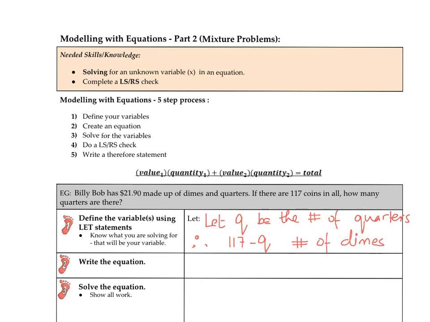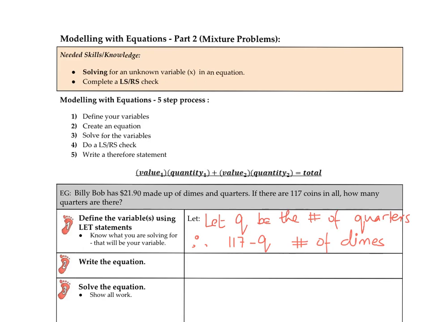So we have just created our let statement using only one variable. We are not allowed to use more than one variable because we don't have enough information or the skill set yet to solve for it in grade 9. As you go in higher grades, you will know how to solve for more than one variable.